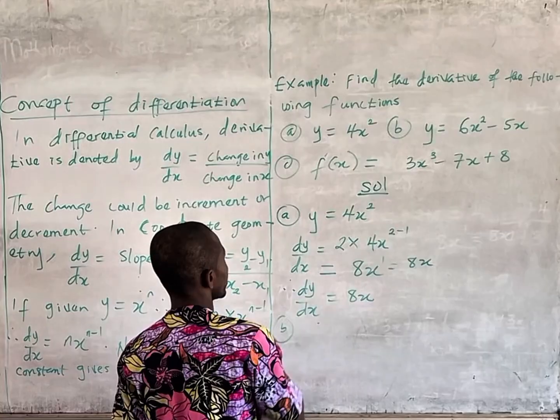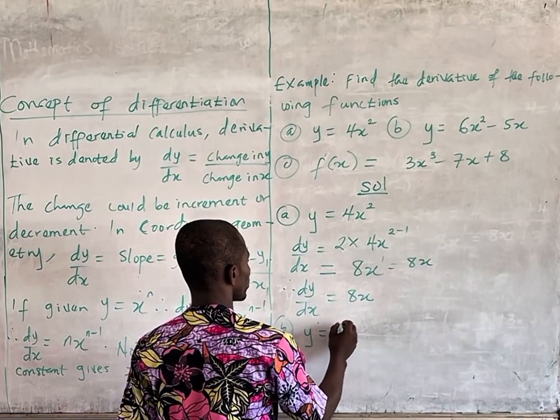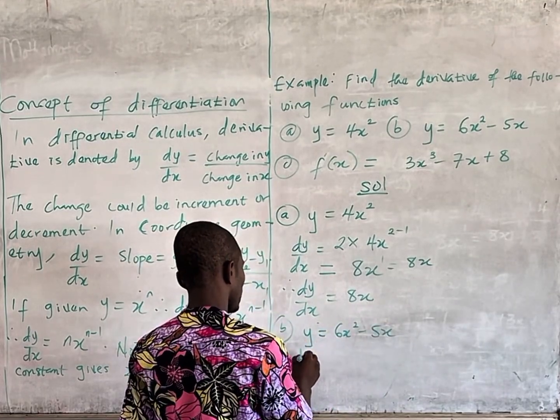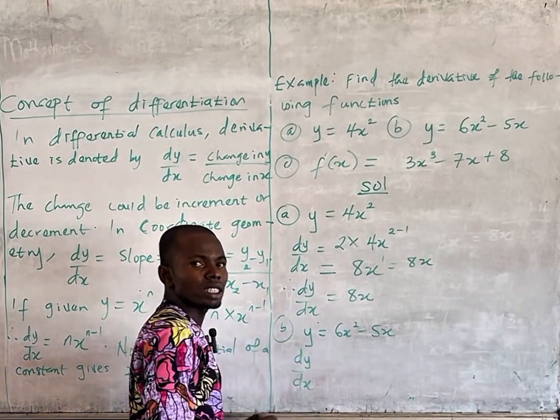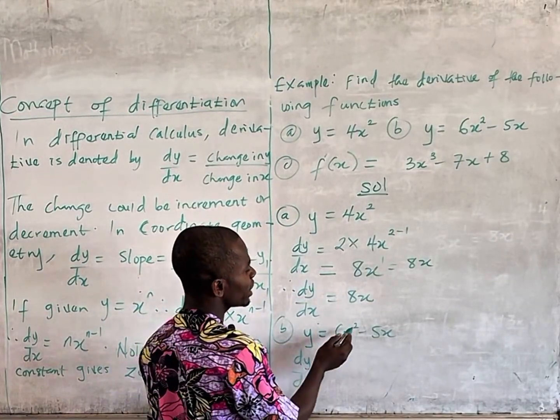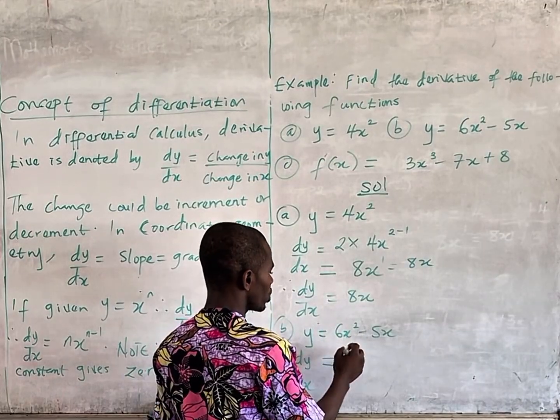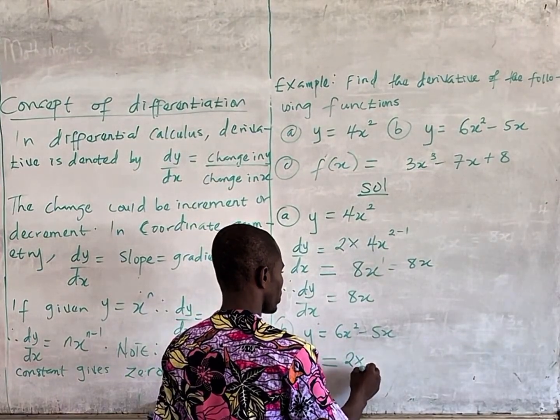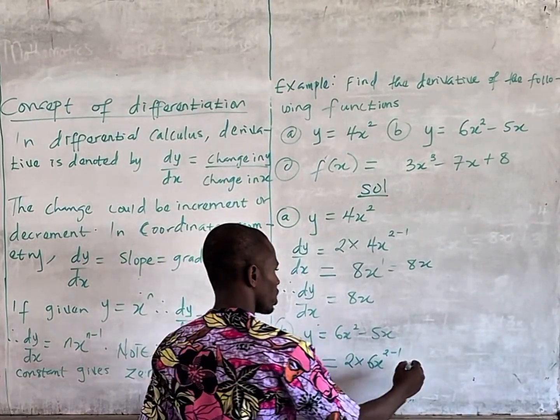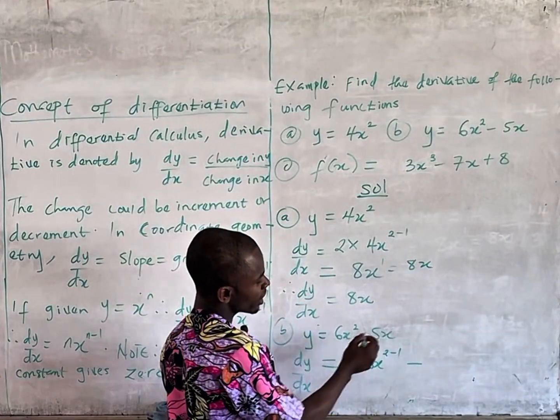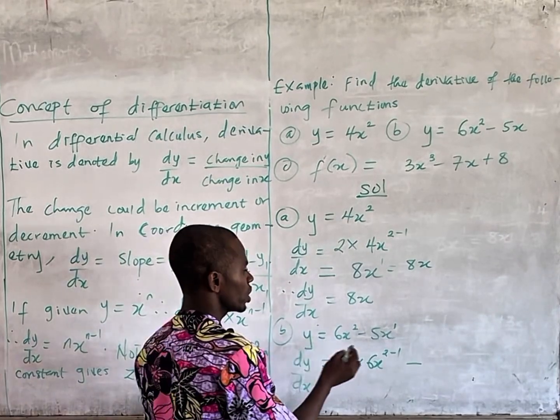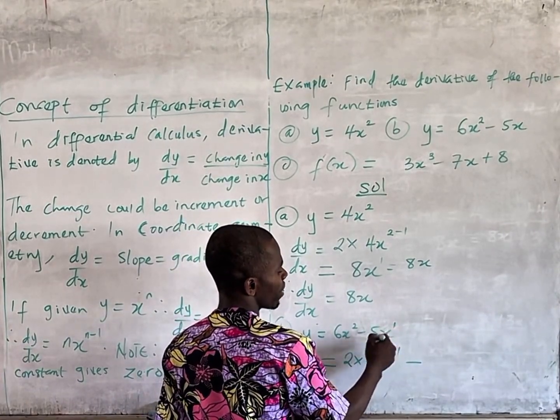Question B. We are given y equal to 6x squared minus 5x. Don't forget that we are multiplying the power by the coefficient. So it will be 2 times 6x raised to the power of 2, then we remove 1 from the power. Then minus 5x, because ordinary x means x raised to the power of 1, so we multiply 5x by the power 1.